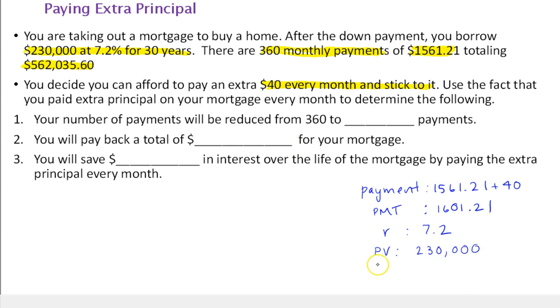Our future value is going to be 0 because that's when we pay off the loan. And the compoundings, or the payment period, is going to be monthly. Okay. So if you're paying extra every month, you're paying extra interest every month, and what we need to find is the number of payment periods. So let's go to the calculator.